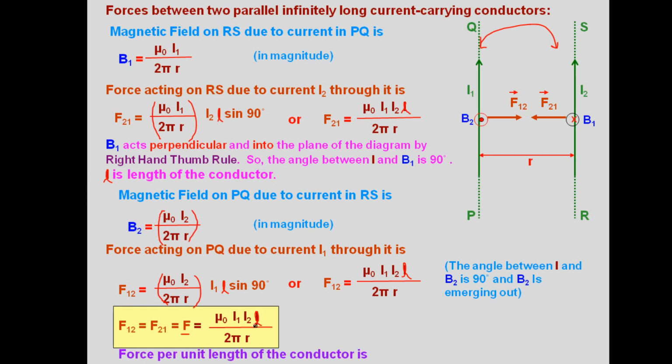So we will get the force per unit length of the conductor, F by L, as mu naught I1 I2 upon 2 pi A. This is in Newton per meter, and this force will help us to define the SI unit of current, that is ampere. Before moving to that, you can note this down if required.